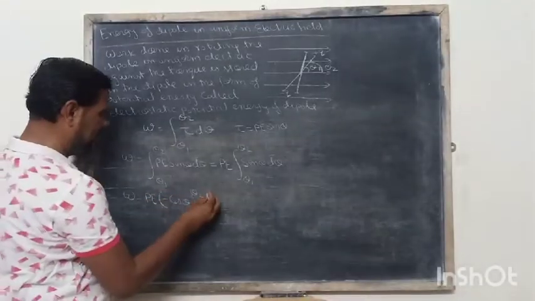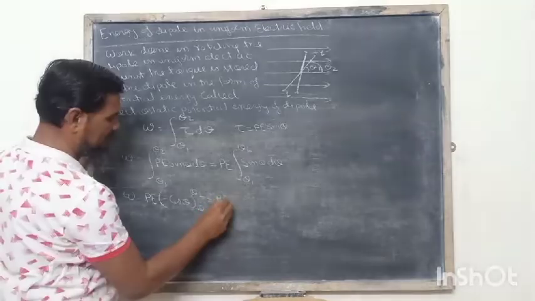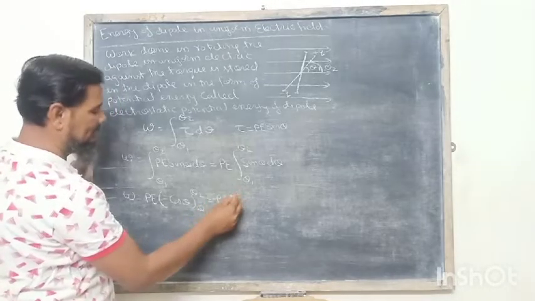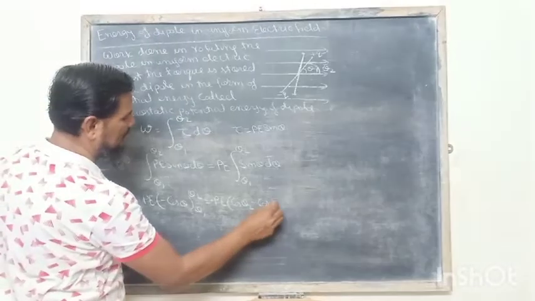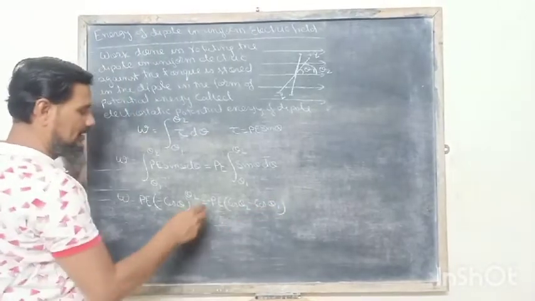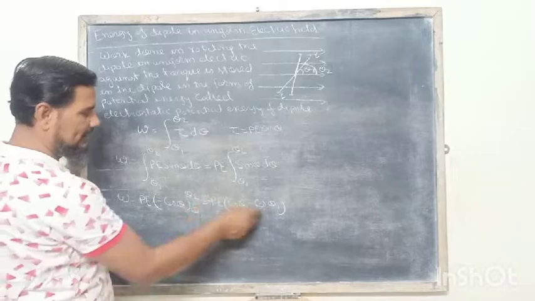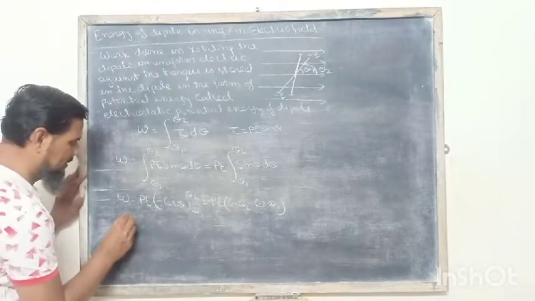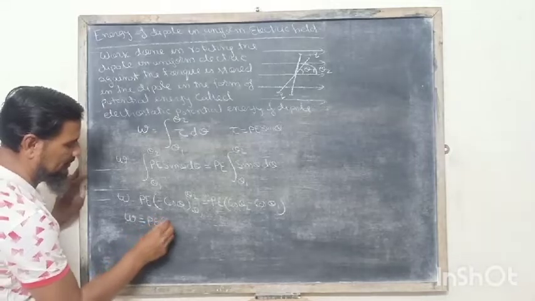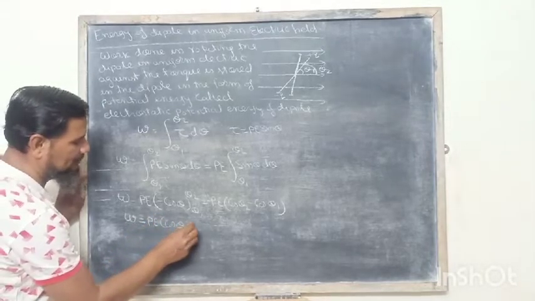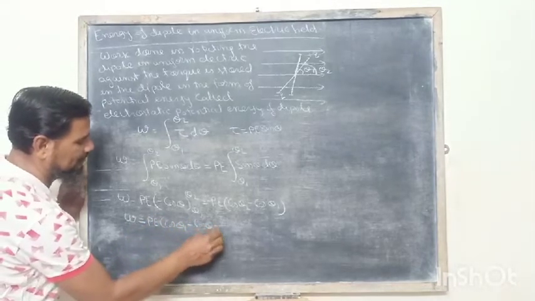We put the upper limit first, the minus sign can be taken out: cos theta 2 minus cos theta 1. Again we take the negative sign inside the bracket, so W is equal to pE times (cos theta 1 minus cos theta 2).